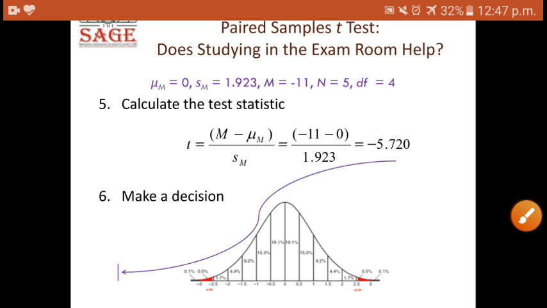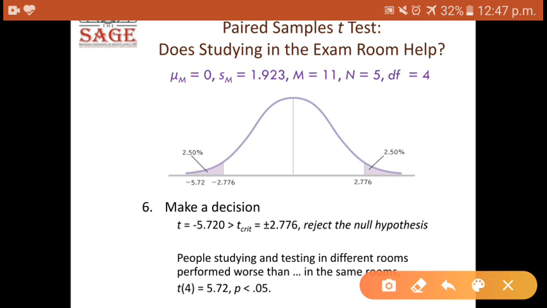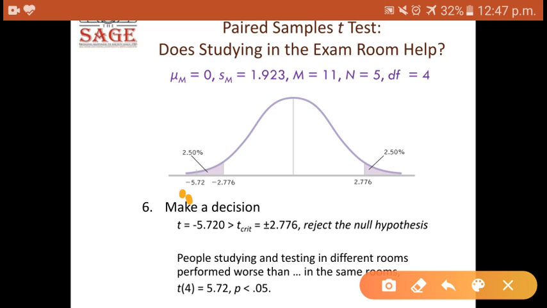Then now you have to make a decision. How are you going to make a decision when it is minus 5.720? You can see that minus 5.72 is coming over here, and your cutoff value or critical value is minus 2.776.